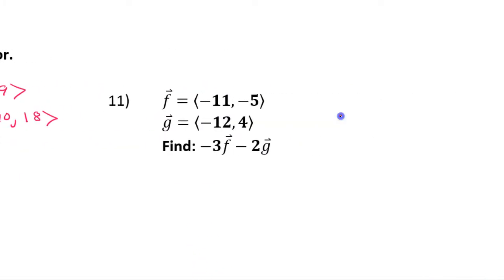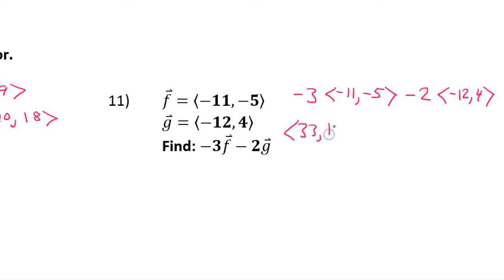Alright, number 11. We have negative 3f minus 2g. Multiplying by the scalar here, I'm going to have positive 33 comma positive 15.